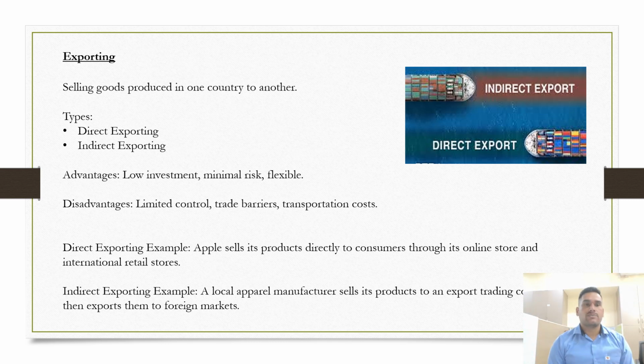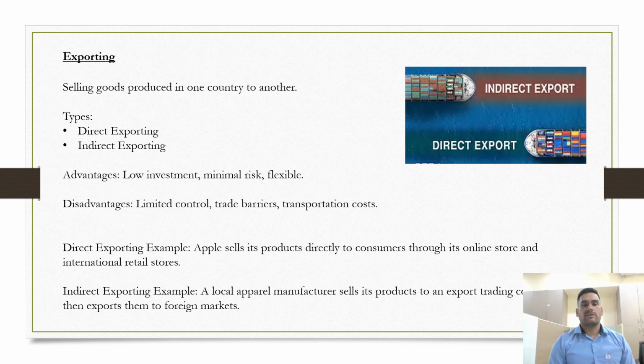First one is exporting. Exporting means selling goods or products from one country to another country. Exports are mainly of two types: direct exporting or indirect exporting. The main advantages of exporting are low investment, minimal risk, and flexibility. The main disadvantages of exporting are limited control, trade barriers and transportation cost.